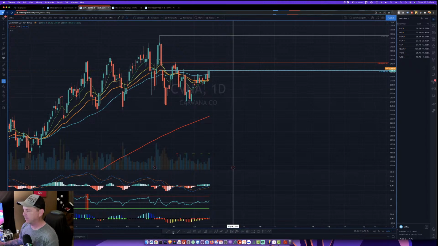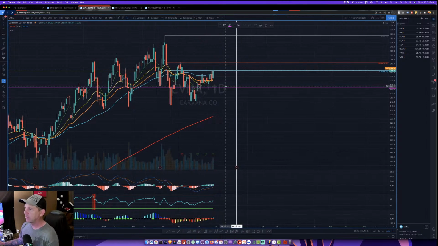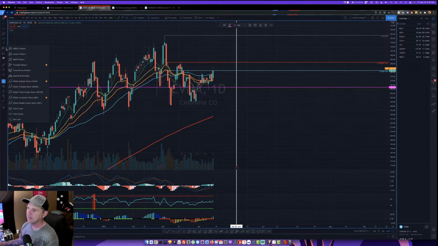What I like to do is just grab a horizontal line, find that 262.50 level. Close enough. We can use that as support. So looking at this, it's 1, 2, 3, 4. We could consider this a five-wave pattern on the daily.